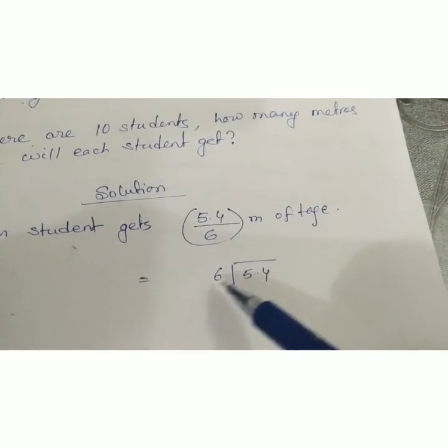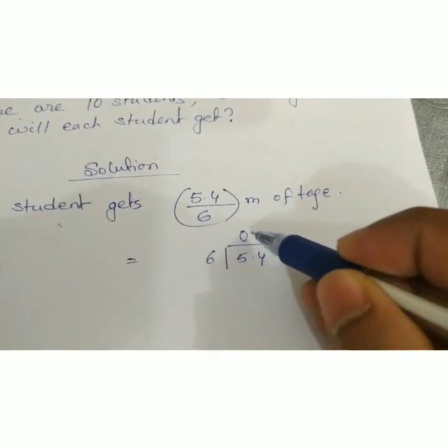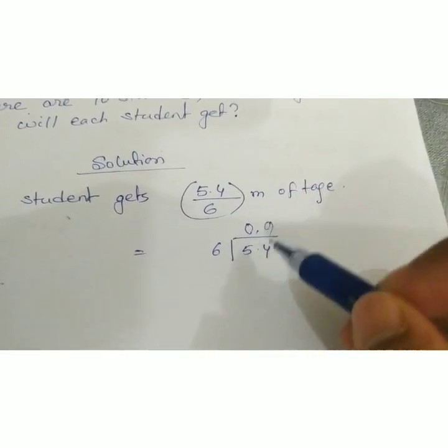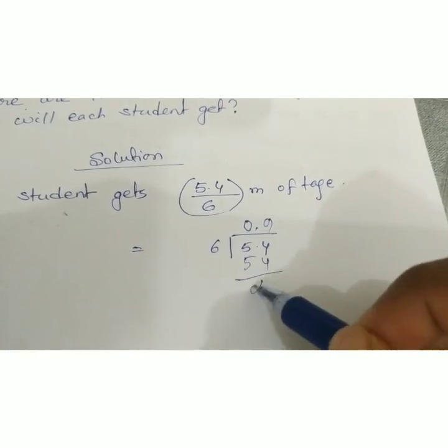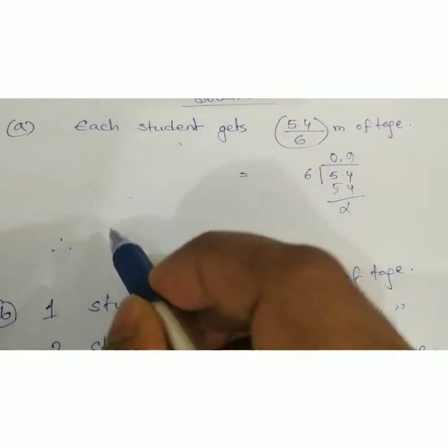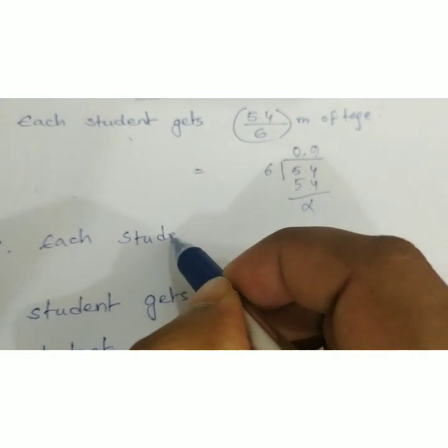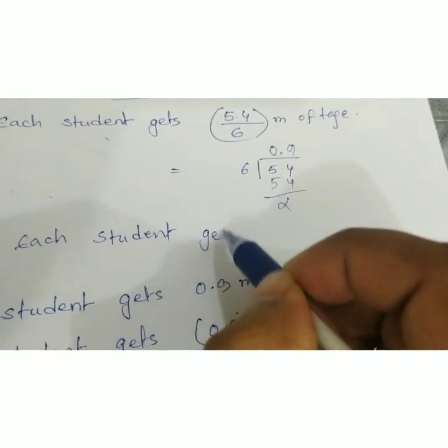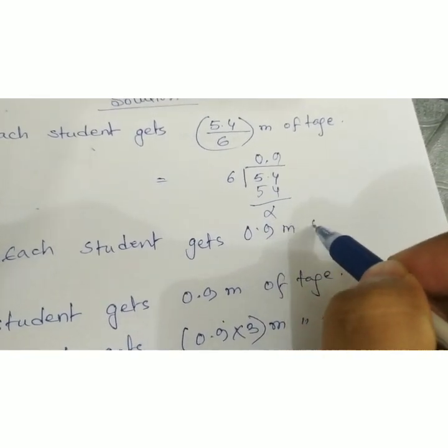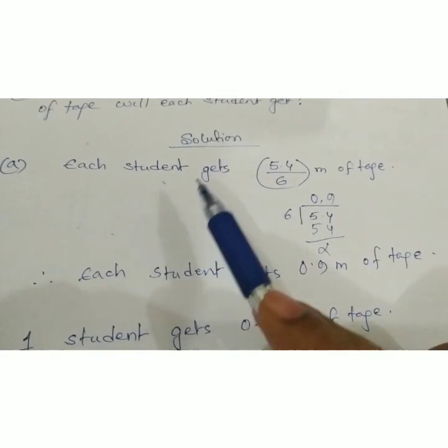Since 5 is smaller than 6, we write a 0 point, and this point is out of consideration. 6 nines are 54. Therefore each student gets 0.9 meters of tape. So this is my first answer.